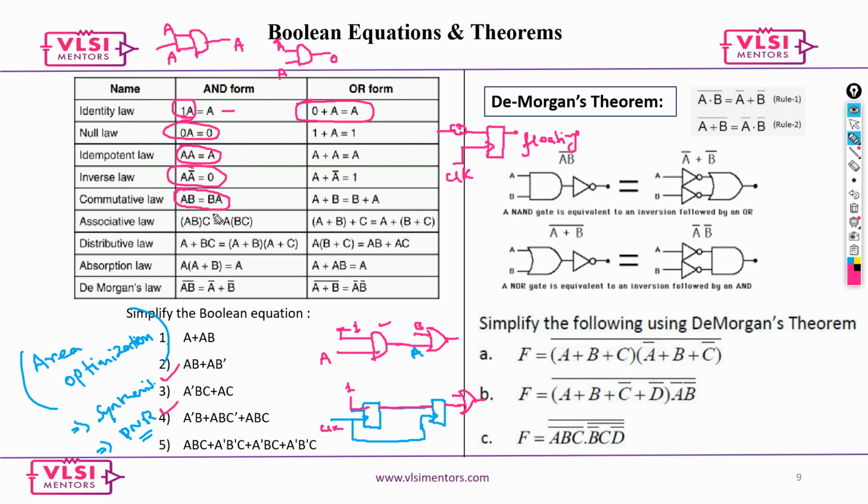You may not understand this concept at this point of time, but remember, there is something called A, Z, B, Z. There is a path A to Z, which is called a timing arc. Then there is B to Z, which is another timing arc.